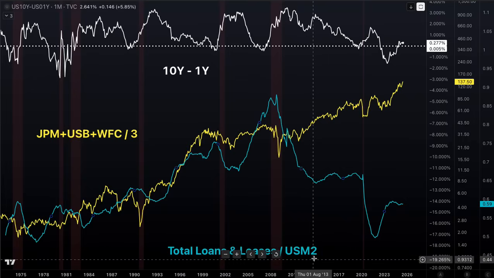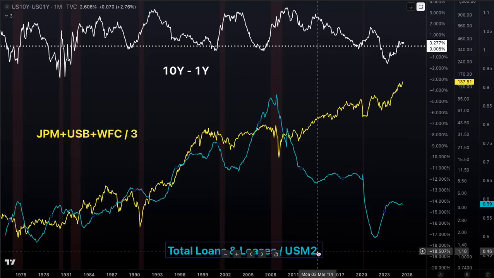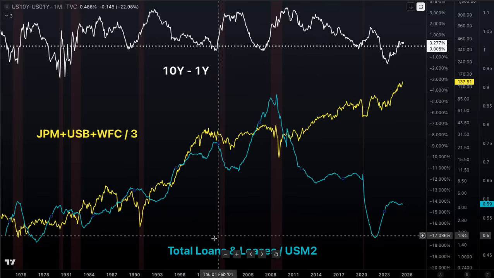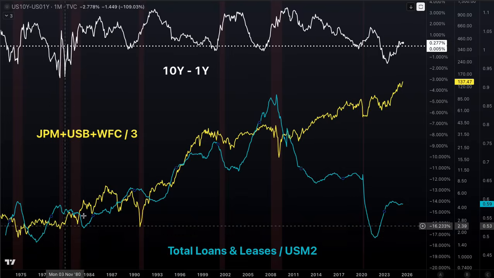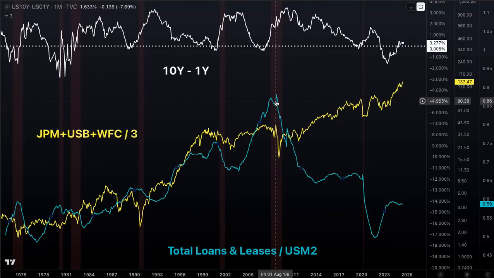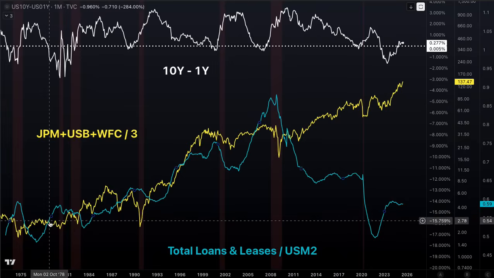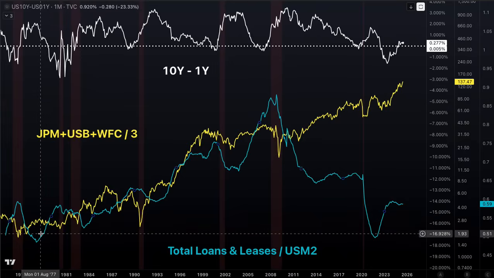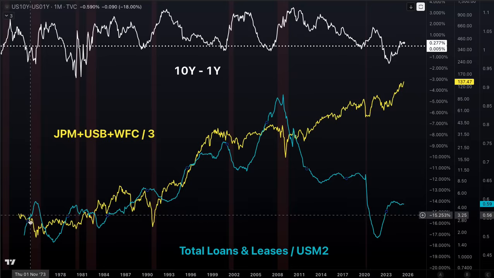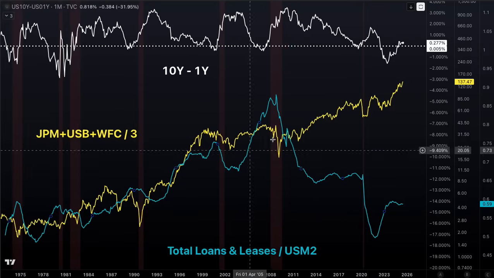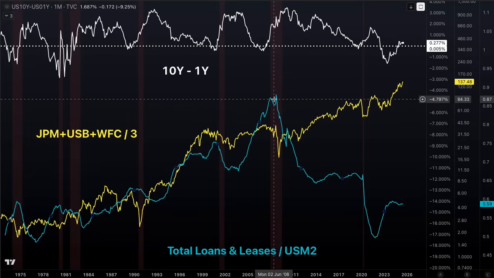So remember, M2 is like a more official government metric, or government side of money. Total loans and leases is that private bank credit, which makes up a huge amount of the overall money or dollars in the system. And what I want to show is that total loans and leases, when the Fed would hike rates, it used to, private banks were issuing more, generally speaking, over time from the early 70s all the way up until 2008 when things started to break.